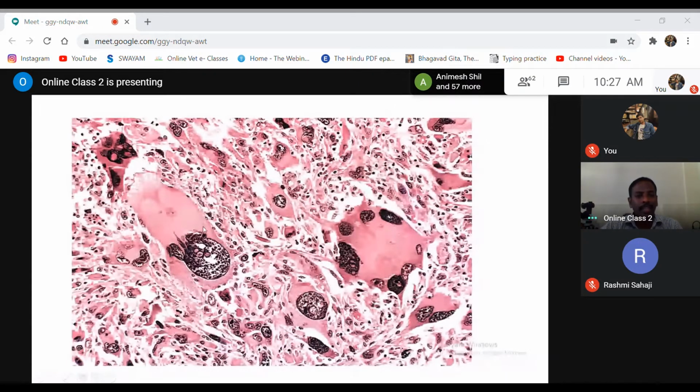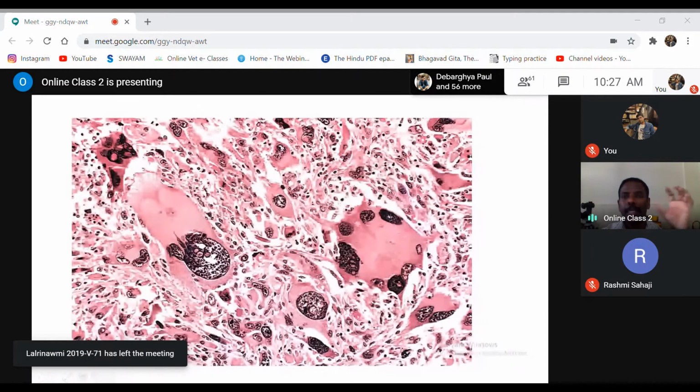This cell is very large, this cell is very small, this is still small. You can find multiple nuclei here. They are pleomorphic in nature. That is variation in size and shape of the cell as well as the nucleus. So there may be cellular as well as nuclear pleomorphism. That is a very important feature of anaplasia. Is that clear?